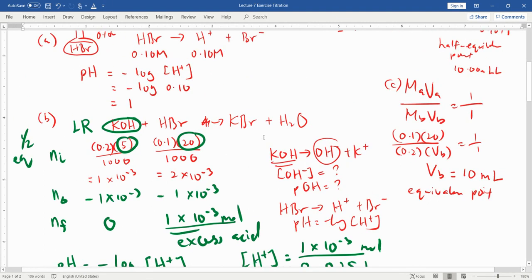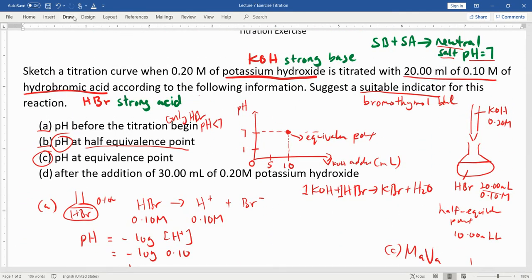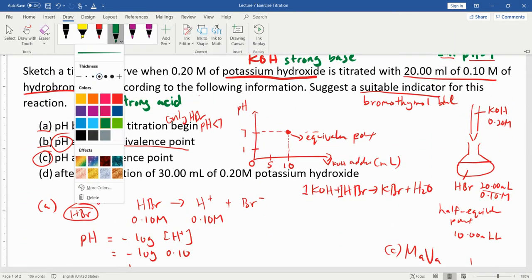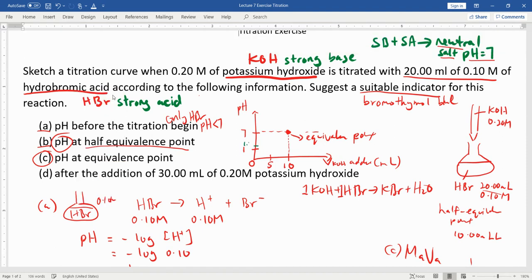Okay, so now we've got the second point, that is 1.4, meaning that from 1, then our half equivalence point will be 5. Okay, then remember the steep is for strong acid and strong base, the steep is from 4 to 10.